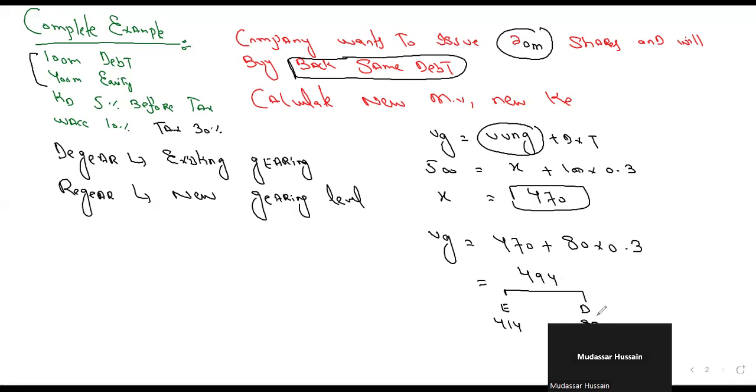This is our theory proposition, how we find the value of the geared or the ungeared company. This was the first requirement, the new market values. This is the revised market value for the geared company.